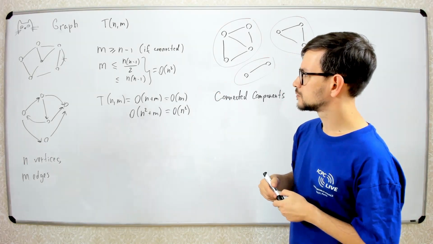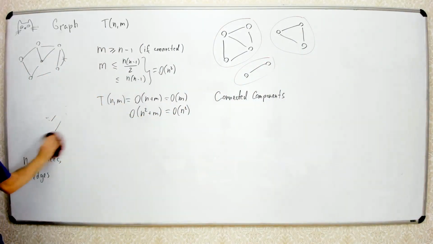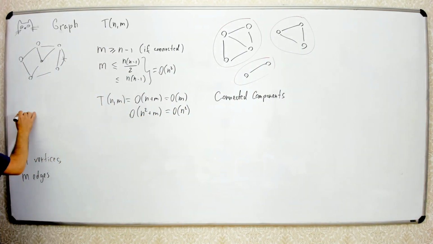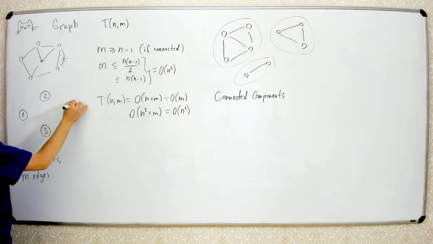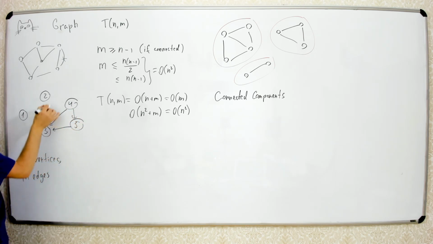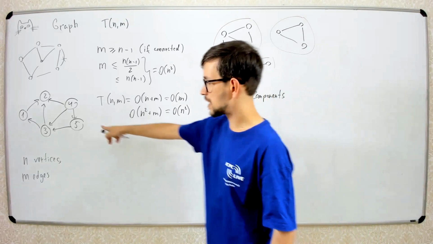For example, let's take this graph. Let's put nodes 1, 2, 3, 4, and 5, and put some edges.